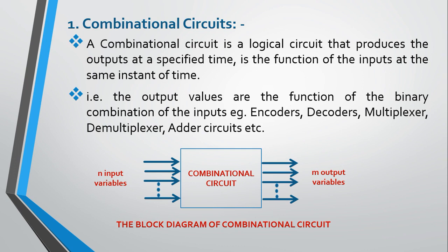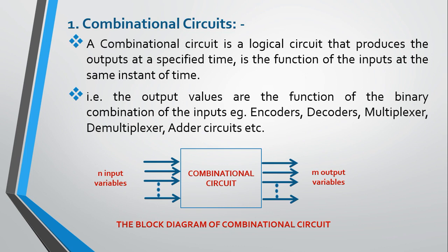Now see, that output is produced at a specified time, right? That is the main difference between combinational circuit and sequential circuit. A combinational circuit is a combination of logical circuits responsible for producing output at a specified time, say for example after 5 minutes.